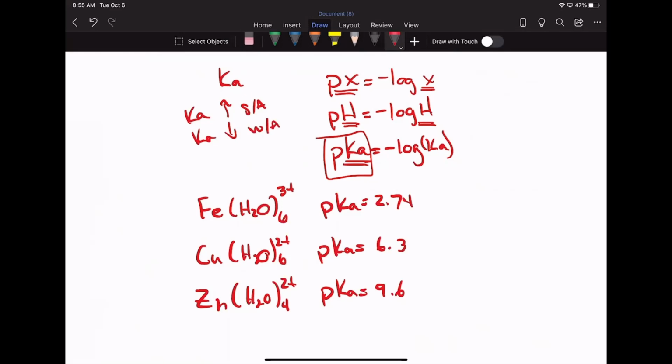And it's the opposite effect for the pKa. The smaller the pKa, the stronger the acid. The higher the pKa, the weaker the acid is. Okay?